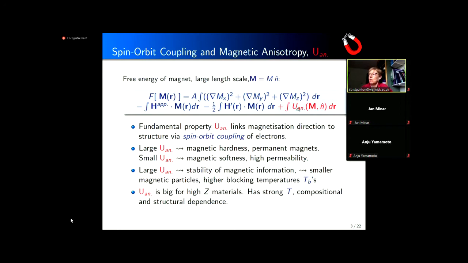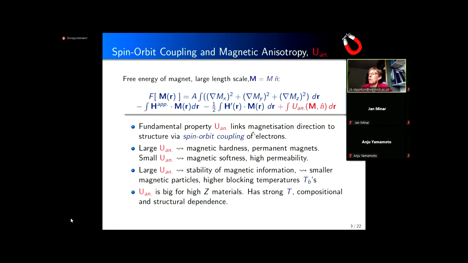This is the piece that one has to include when modelling magnetic materials properties to capture these important effects that determine many aspects. And as I say, from a fundamental level, it's derived from the spin-orbit coupling of the electrons.